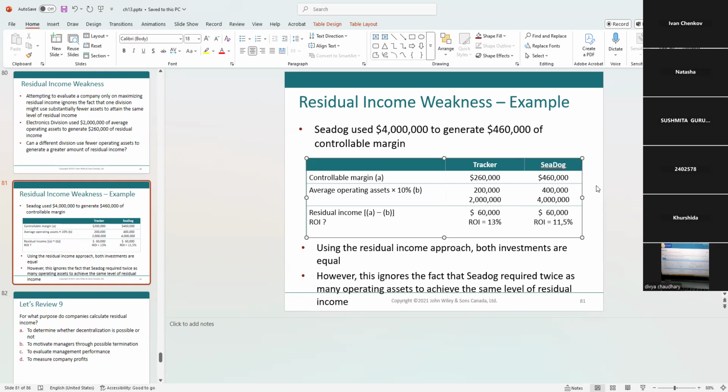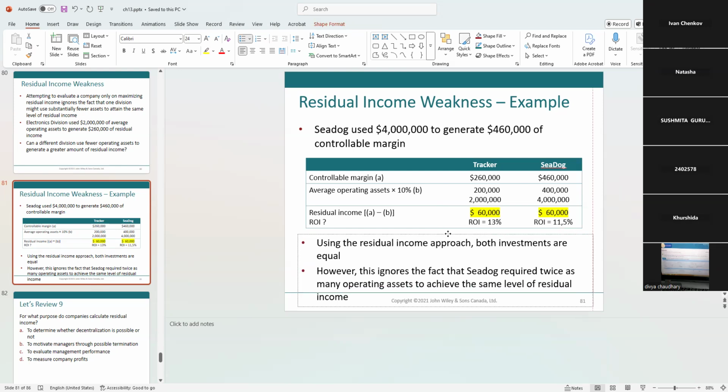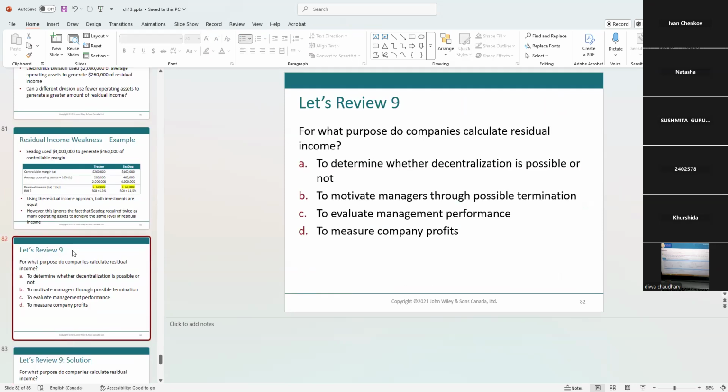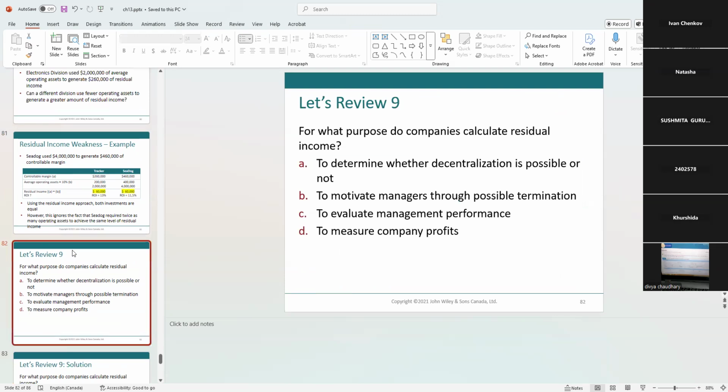So you can see now, even though both projects give you the same residual income, one is more profitable than the other. That's one of the weaknesses of residual income, because residual income ignores return on investment, which shouldn't be ignored. So tell me what we can say about this.